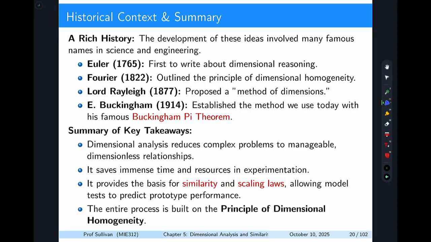Dimensional analysis reduces complex problems to manageable dimensionless relationships. It saves a lot of time and resources in experiments and also in modeling. So CFD depends on this. It provides the basis for similarity and scaling laws, allowing model tests to predict prototype performance. The entire process is built on the principle of dimensional homogeneity. I kind of like that.